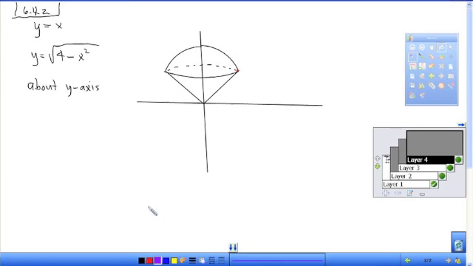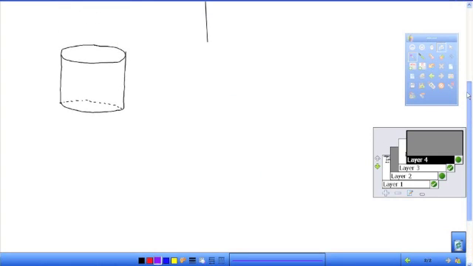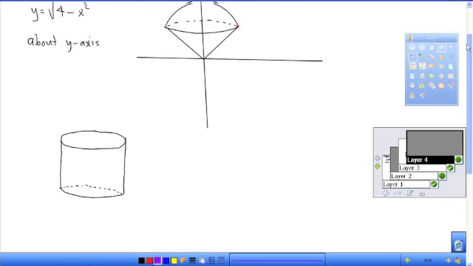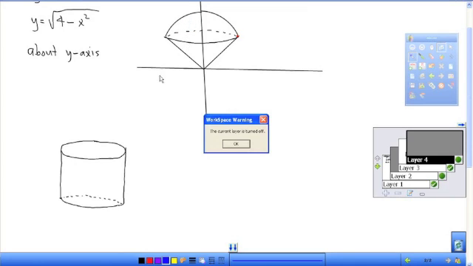So what we're going to do is change the way we think about stacking things, and rather than stacking discs on top of each other, we're going to take a hollow shell or a hollow can and start to stack these things around each other. We need to stop and think about these hollow cans, because remember, our integral sign is just our ability, so to speak, to add up an infinite amount of something.